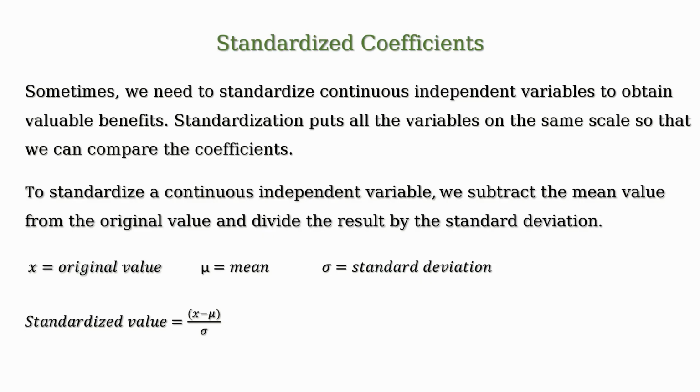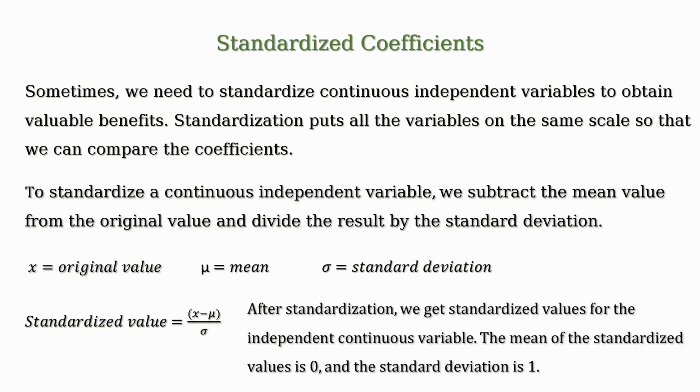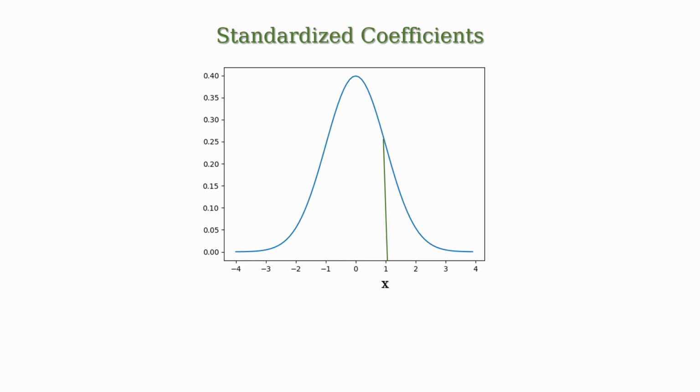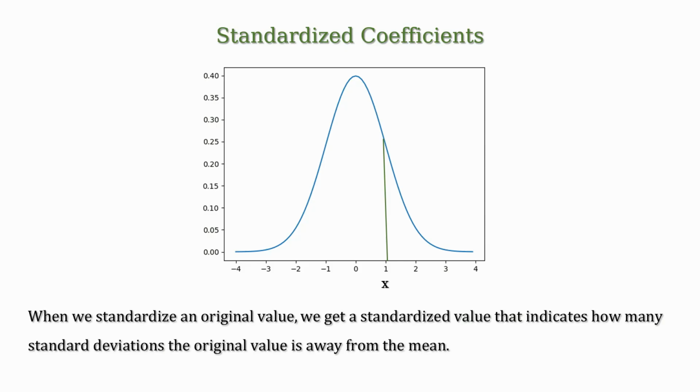After standardization, we get standardized values for the independent continuous variable. The mean of the standardized value is 0 and the standard deviation is 1. When we standardize an original value, we get a standardized value that indicates how many standard deviations the original value is away from the mean.